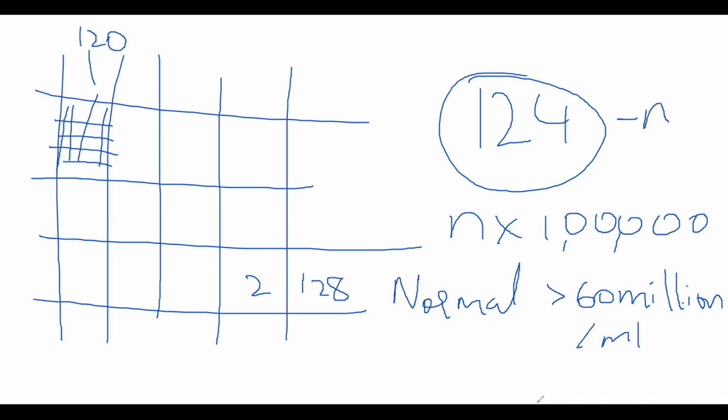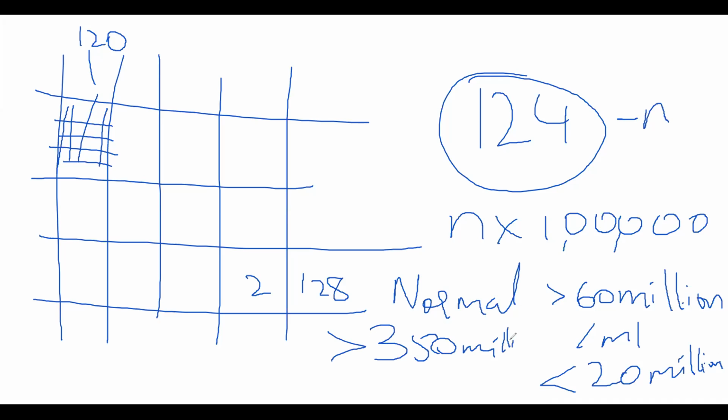If it is less than 20 million, it is abnormal. Or you can also have a condition where the person has polyzoospermia, way too many sperms in the semen sample, which will be more than 350 million. We'll discuss those other conditions as well, and what you interpret with the semen analysis.